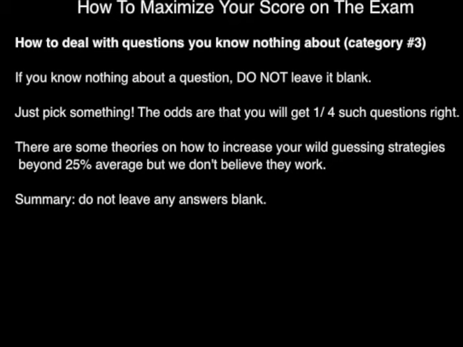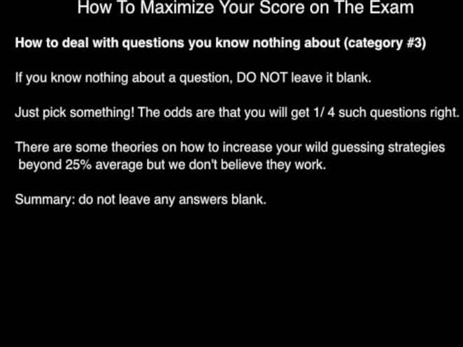In this kind of situation, I recommend that you do not leave the questions blank. It is in your best interest to pick something. Whatever you pick gives you a chance better than zero of scoring points. So if you're given options A through D, then you have a 25% chance of getting some points on that question.